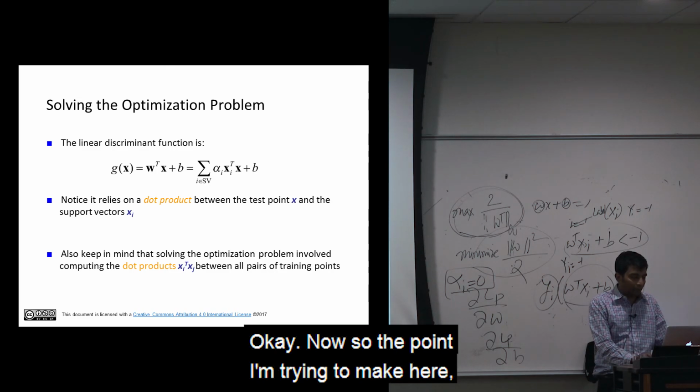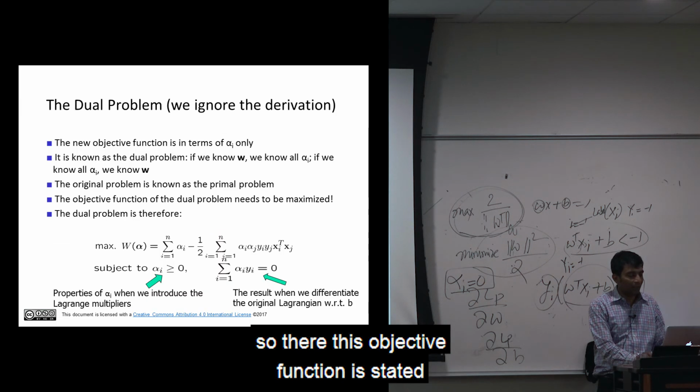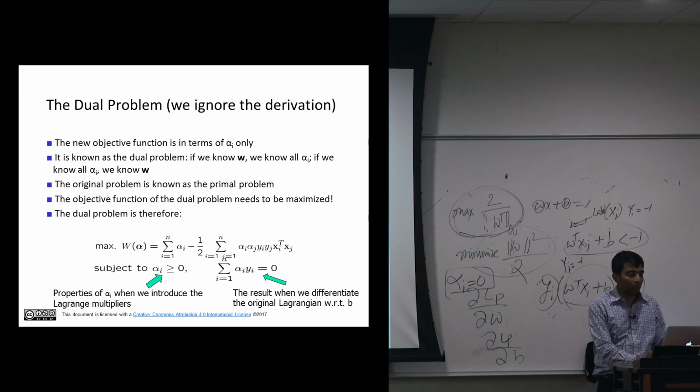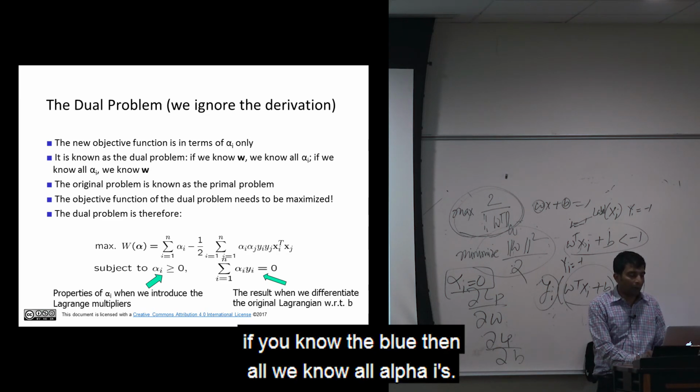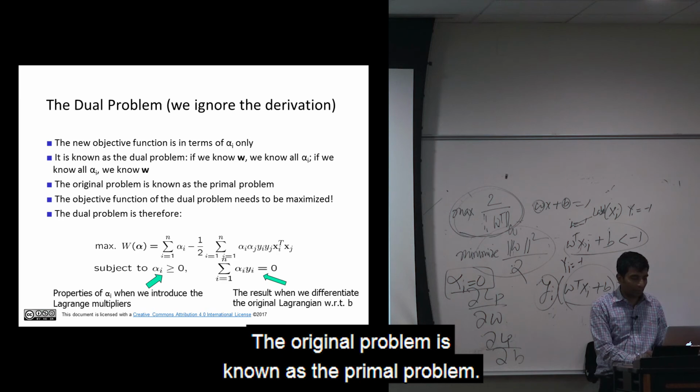Now, the point I'm trying to make here, in the second equation, the dual problem: the objective function is stated in terms of alpha i only. If we know W, then we know all alpha i's, and if we know all alpha i's, we know the W. So it's a chicken and egg problem. The original problem is known as the primal problem.